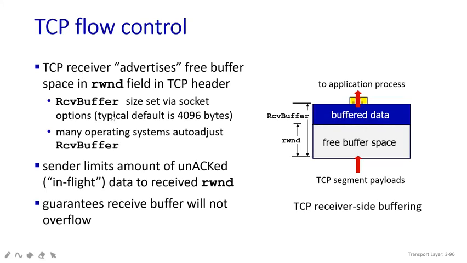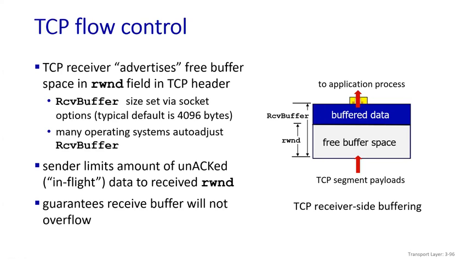Now we will understand the meaning of this receive buffer and how it works. The receive buffer size set on the sockets has a default of 4096 bytes of data. It means that the receive buffer has the capacity of storing 4096 bytes of data. That is the default.